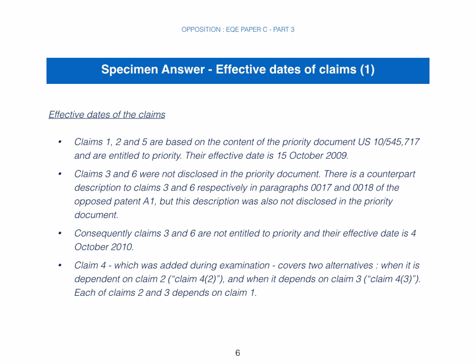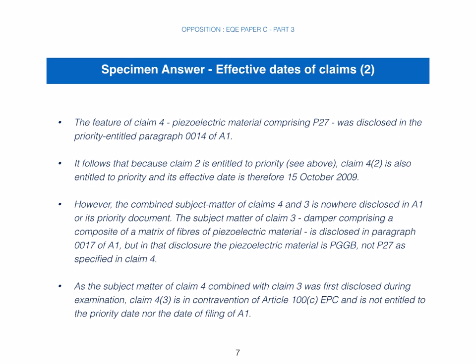Claim 4, which was added during examination, covers two alternatives when it is dependent on claim 2, in inverted commas, claim 4.2, and when it depends on claim 3, in inverted commas, claim 4.3. Each of claims 2 and 3 depends on claim 1, and we continue on the next slide.